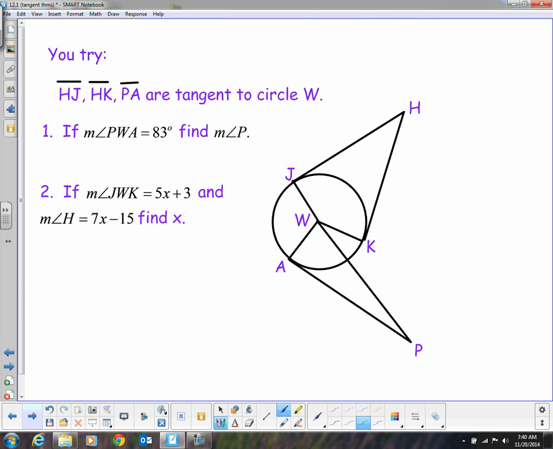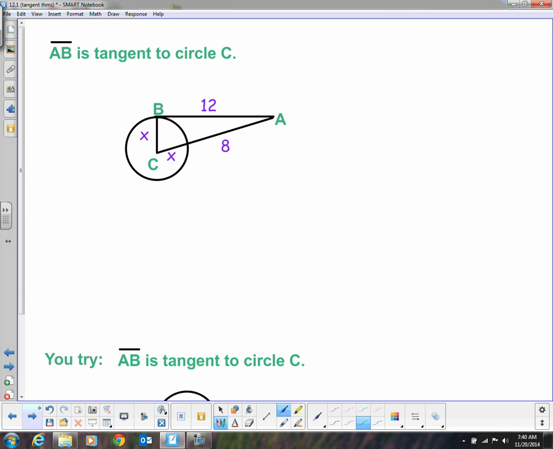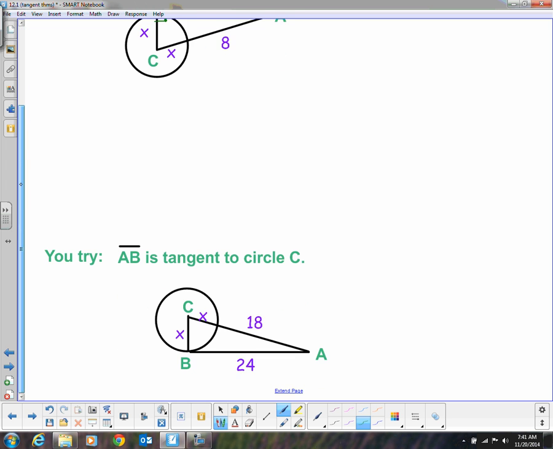All right. So the next thing you learned, AB is tangent to circle C, so what is this? That is 90. And I am not going to have you go quadratic.